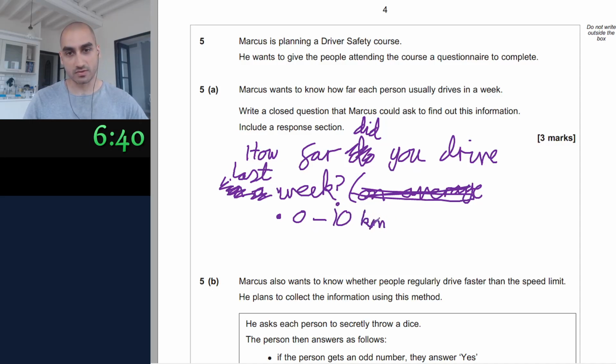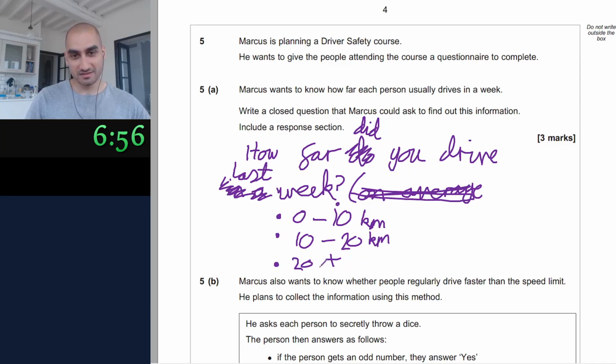It's UK, so we use kilometers. 10 to 20? 20 plus? I have no idea whether that's... Okay.